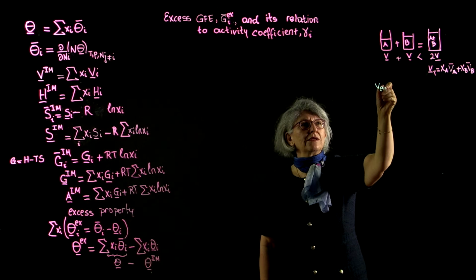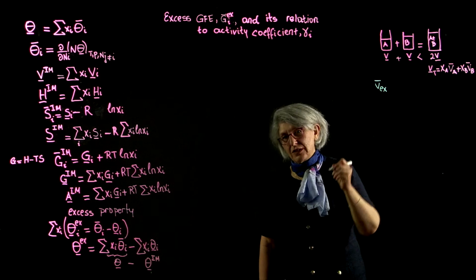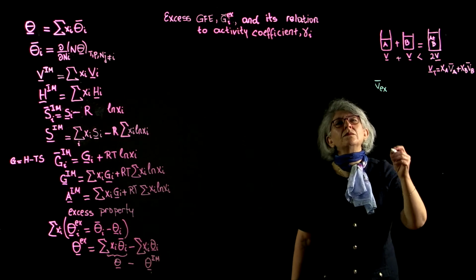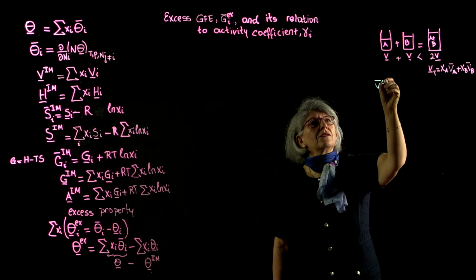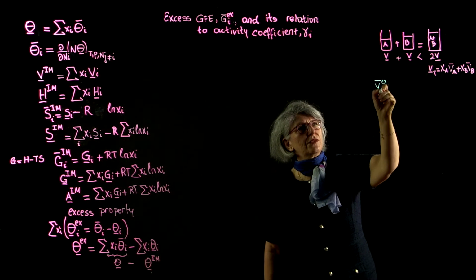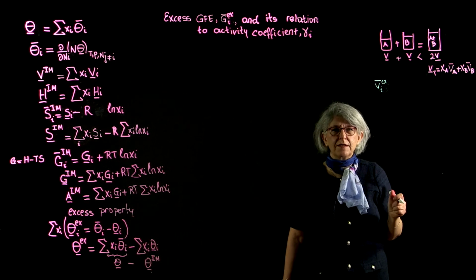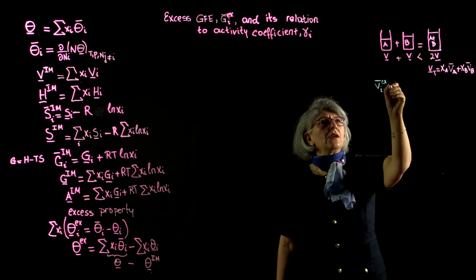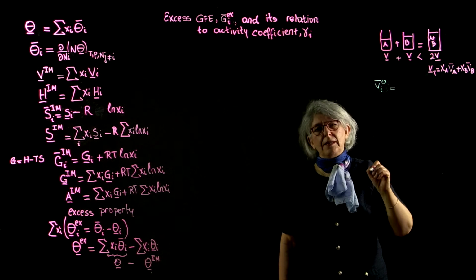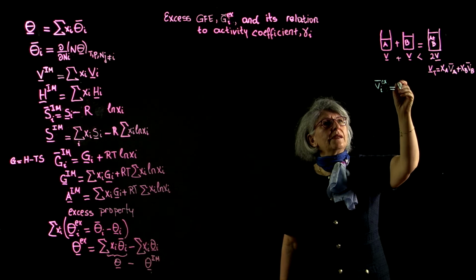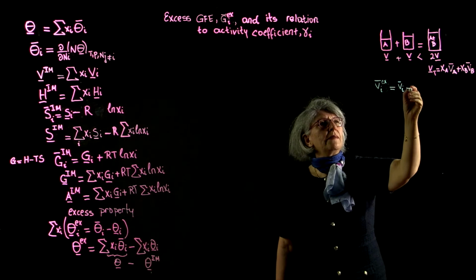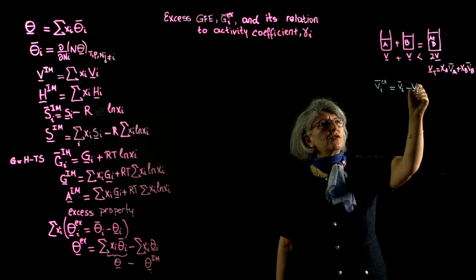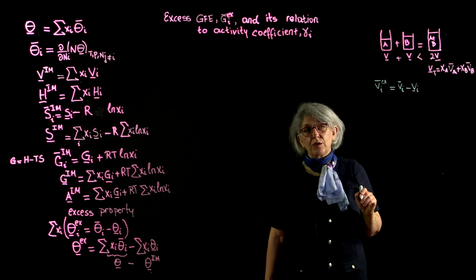So the excess partial molar volume of component i, let's just use it for the superscript because for the subscript we need the species identifier, is going to be the partial molar volume of i minus molar volume of i for a pure component.